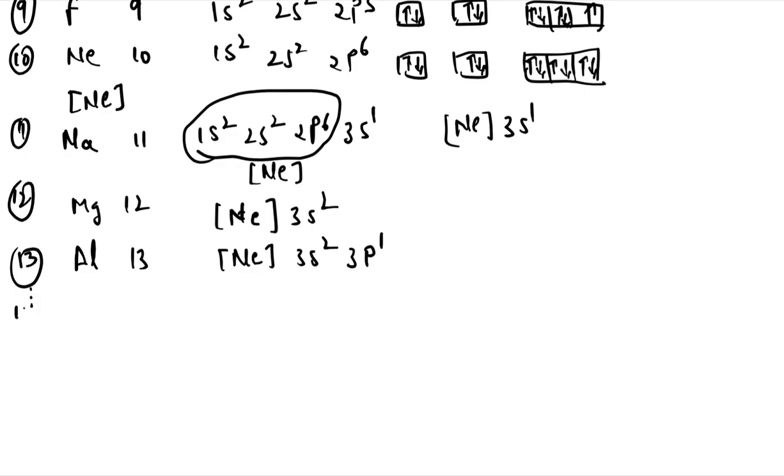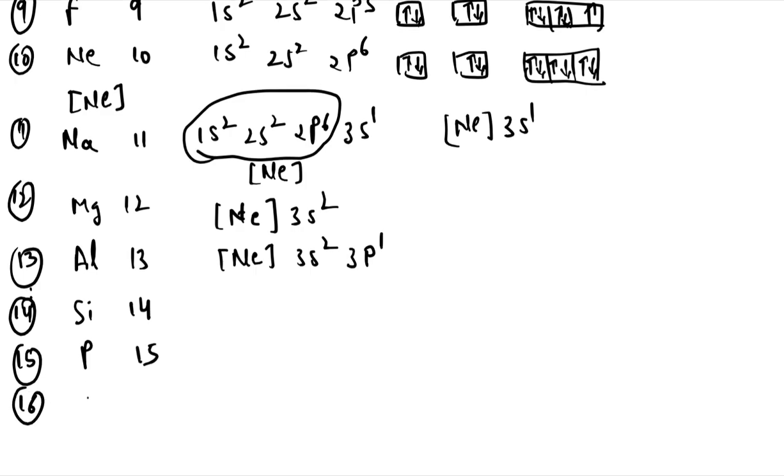I'm just writing the number of electrons available for these elements, and if you understood everything till now, please comment below the electronic configuration of the rest of the elements that I am mentioning here. It is very simple to write. So for silicon the available electrons are 14. Next we have phosphorus, available electrons 15.